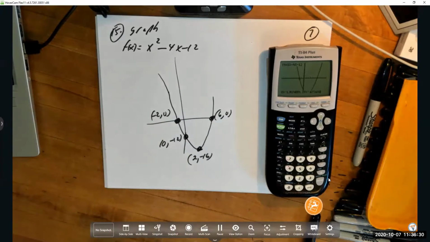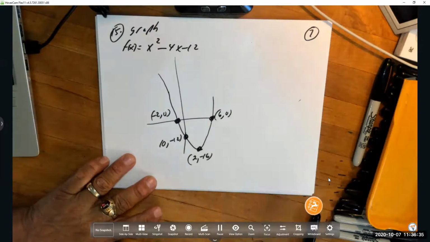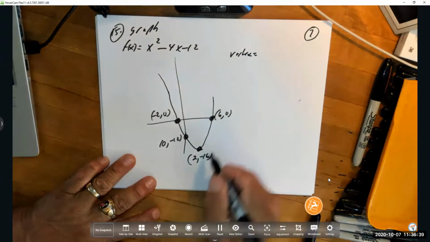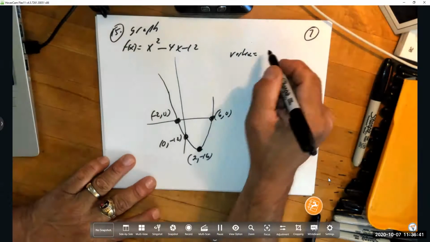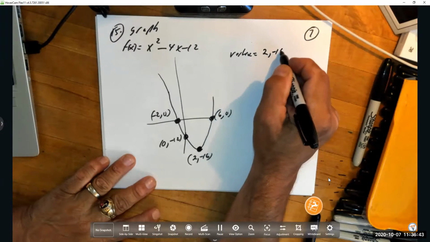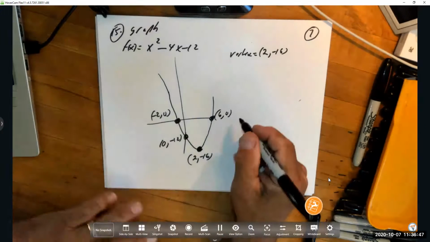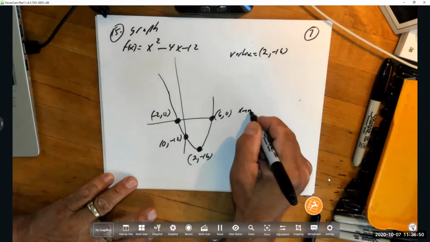So now what did they ask me? It says, what is the vertex? I just write all these answers over here. The vertex is the lowest point on this graph, or the highest point, and it is that one right there. 2 and negative 16, that's your vertex. Okay. All right. X-intercepts.